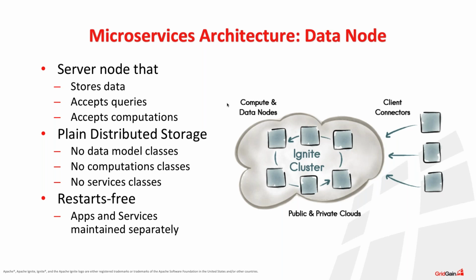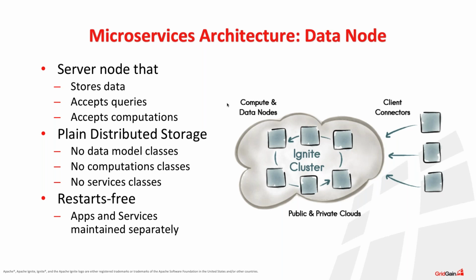And you don't need any other custom classes, like implementations for service grid, on these data nodes. The nodes will simply store your data set. And you need to restart these data nodes only, for instance, if you want to move to the next version of Apache Ignite, or you need to upgrade the hardware where the nodes are running, and that's it.